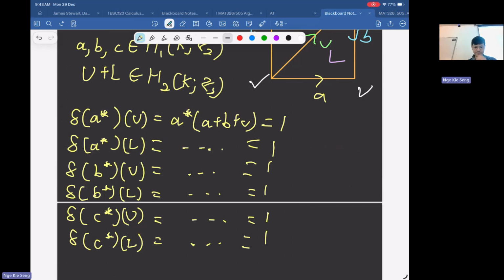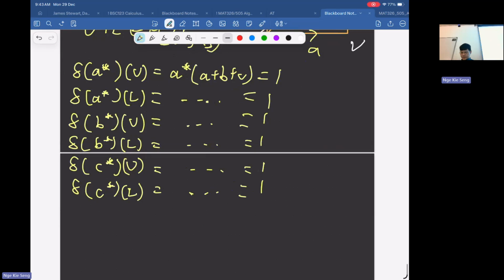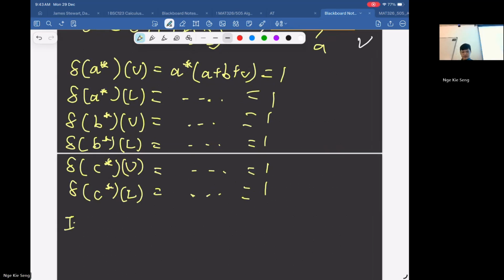So what's the kernel here? What do you think? This is a linear algebra question. Can you build the kernel out of these three elements?